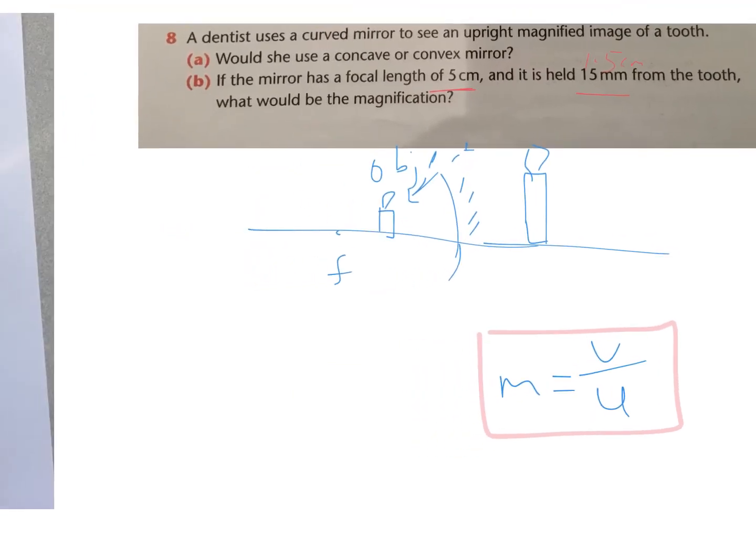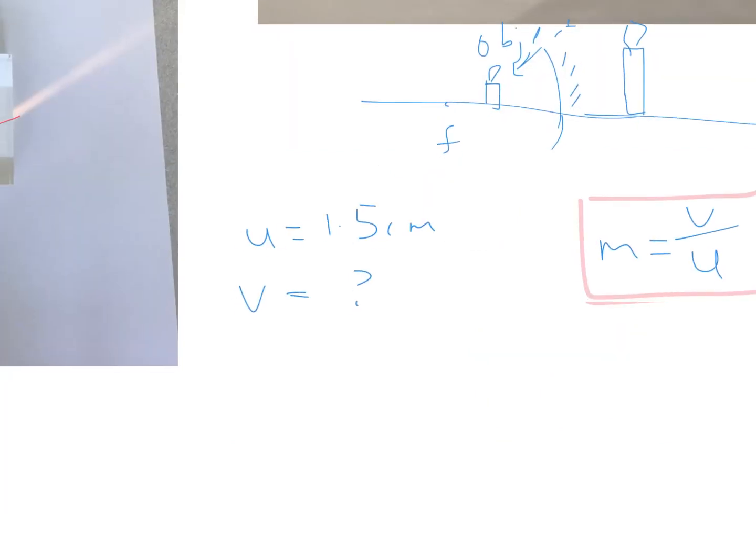So let's have a look at what we do know now other than U. So we have U is equal to 1.5 centimeters. And we have V is unknown. And we know that the focal length, I think we're told the focal length, yeah, it's 5 centimeters.